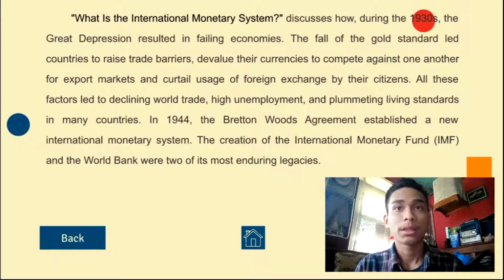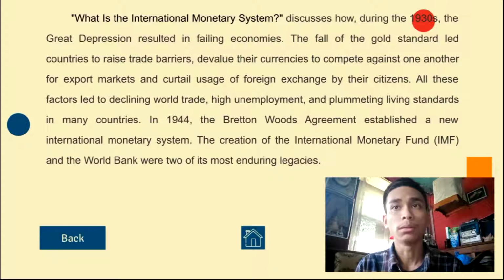What is the international monetary system? It discusses how during the 1930s the Great Depression resulted in failing economies.